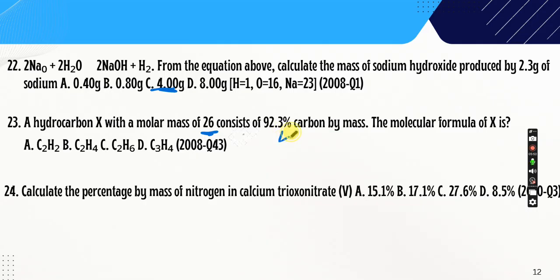So we have our H and we have our C. This one will be 92.3, while this one will be 7.7.